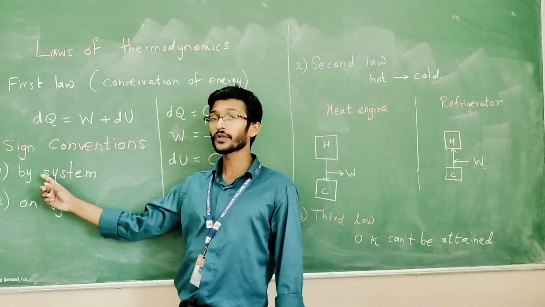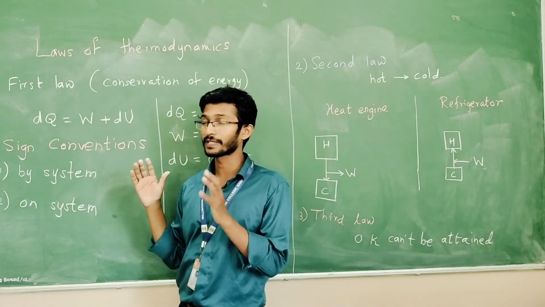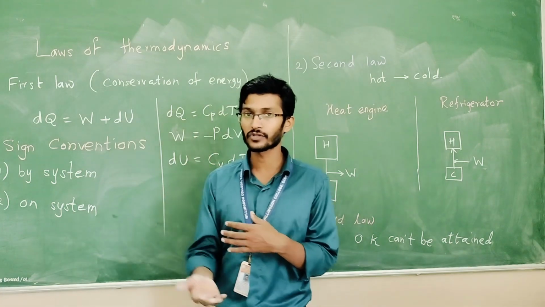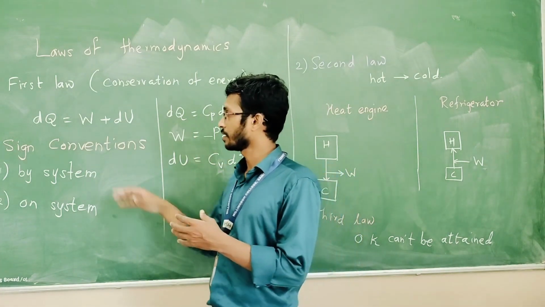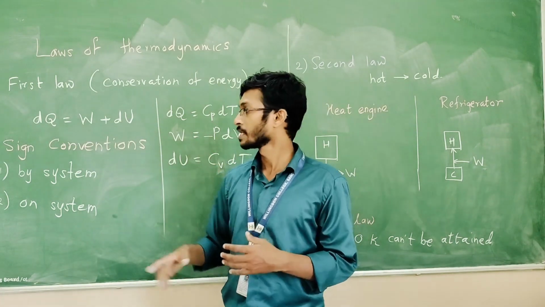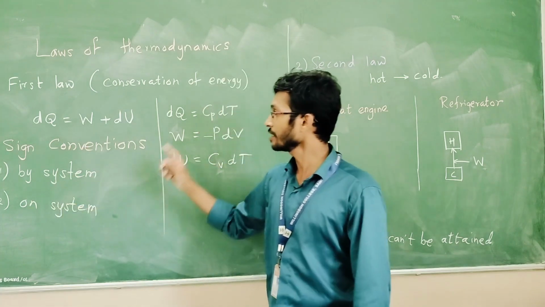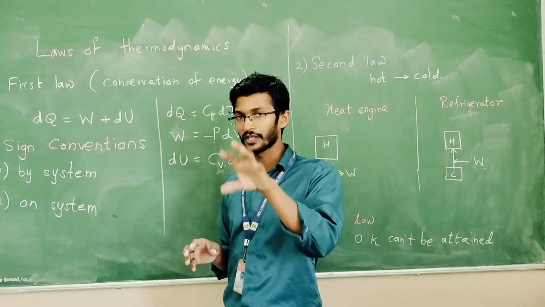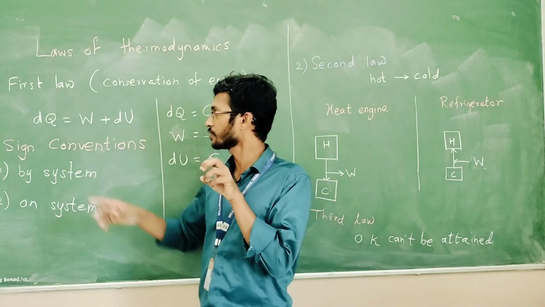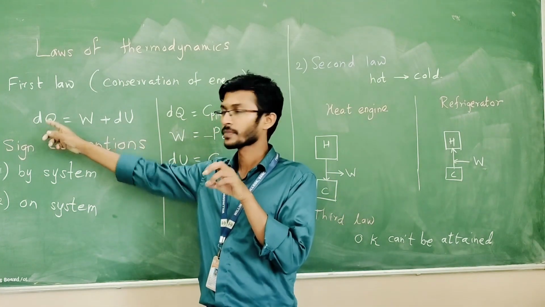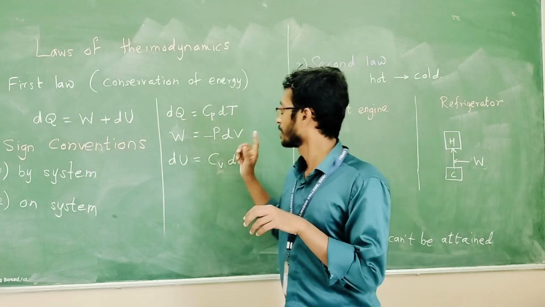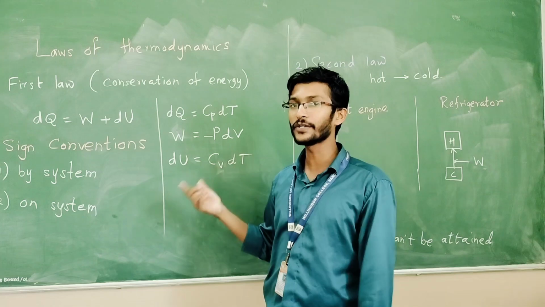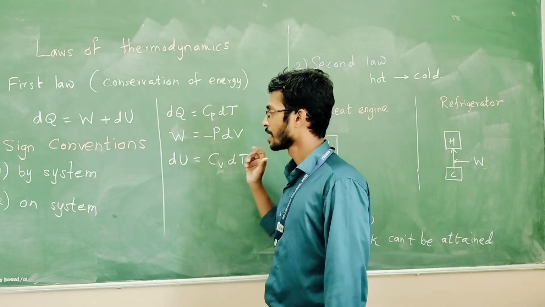If you are using the sign convention by the system, if the work is done by the system, or if the system is provided some energy, then the system will absorb energy, so at that time dQ is positive. In that case, dW or just W is considered as negative, minus PdV.